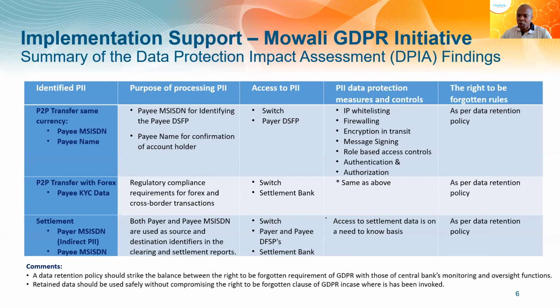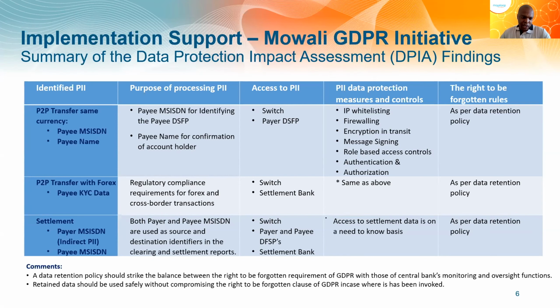And what we conscientized them on here is that in fulfilling the right to be forgotten clause, they shouldn't resort to deleting the data completely, because that will impact other regulations that they might have. And it will also prevent further historical analysis of that data for any other exercise, if you want to have a historical view of who's using the switch, or you want to perform further analytics to see how you can serve your customer better.